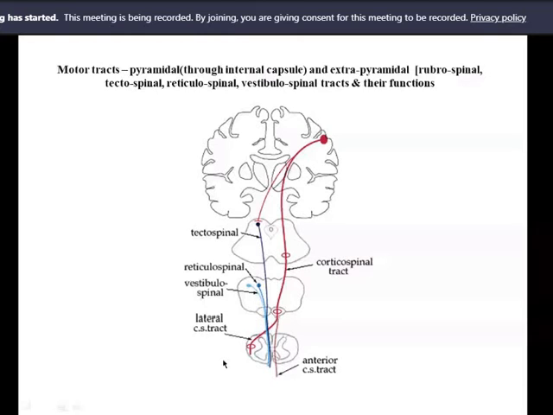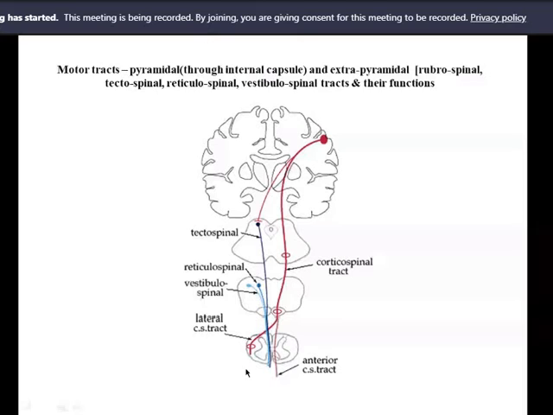Now you see the pyramidal tract. Pyramidal, extrapyramidal, all are motor tracts whose names end in spinal: corticospinal, rubrospinal, tectospinal, vestibulospinal, right? So when the name of the tract is something spinal, it is a motor tract.